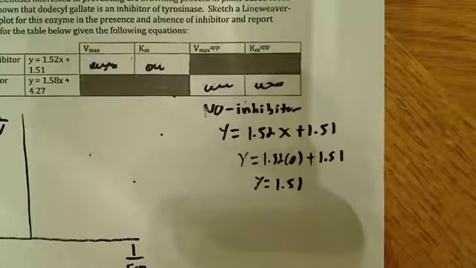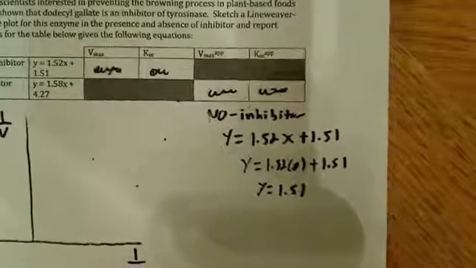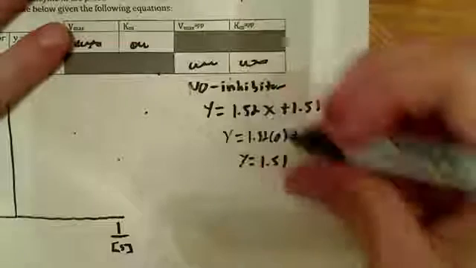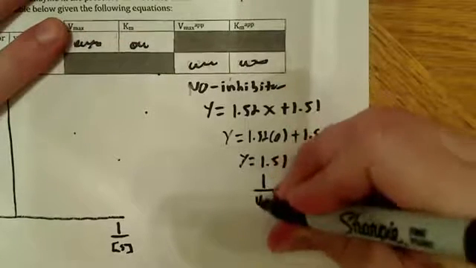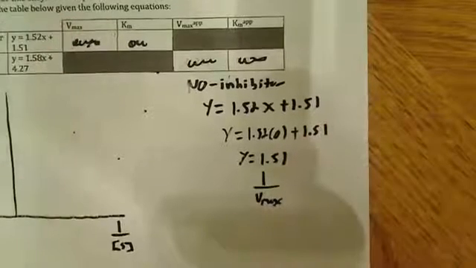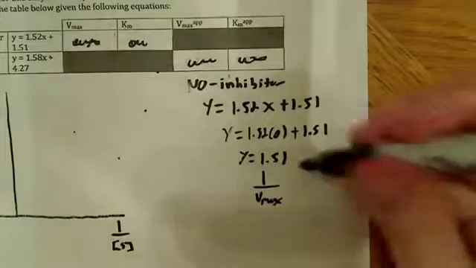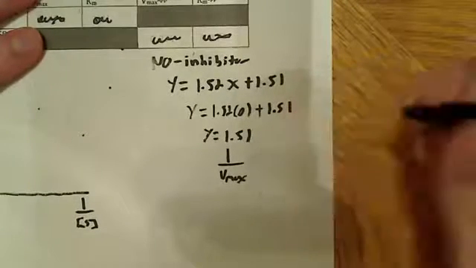Now, you may be saying, okay, that's the answer, that's our y-intercept. Right, that is your y-intercept, but that's not your Vmax, and that's why this is kind of a tricky problem. Because remember, it's actually 1 over Vmax. So I have to do 1 divided by 1.51 to get the Vmax.